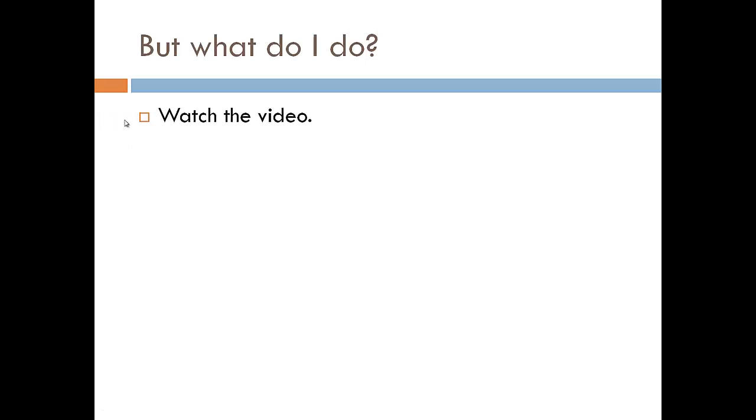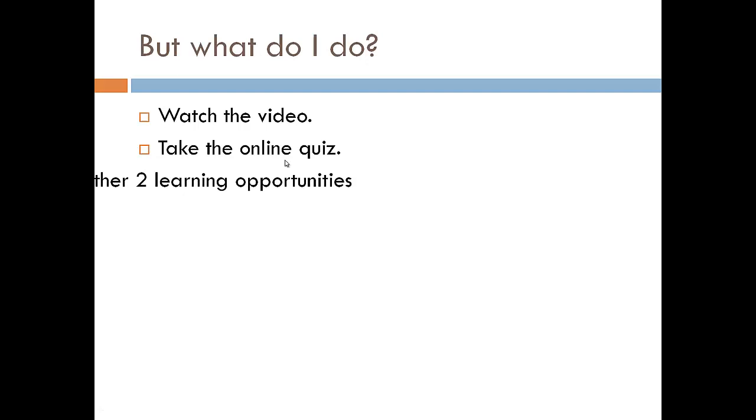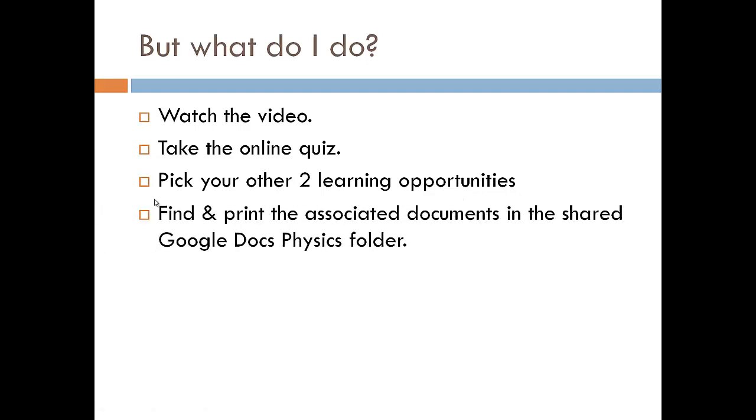What do you have to do? As a student, your responsibilities are, when you do a skill objective, you watch the video, you take a quiz, then you look through the other 2 learning opportunities and pick which ones you want to do. All the learning opportunity documents are in a shared Google Docs folder that you're going to have access to.